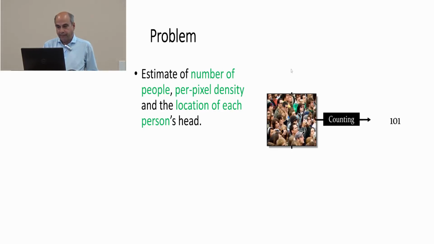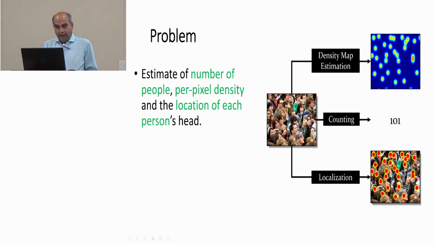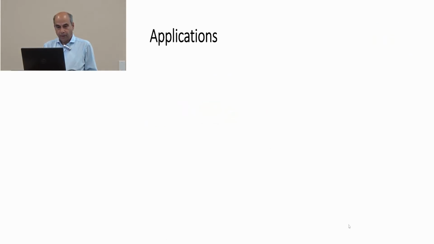Given an image here, we want to say how many people are there. The answer is 101. Also, we want to say what the density is at each pixel, which areas have more people. There are no people here, there are more people here. And then we want to localize all these people, putting a dot on each.